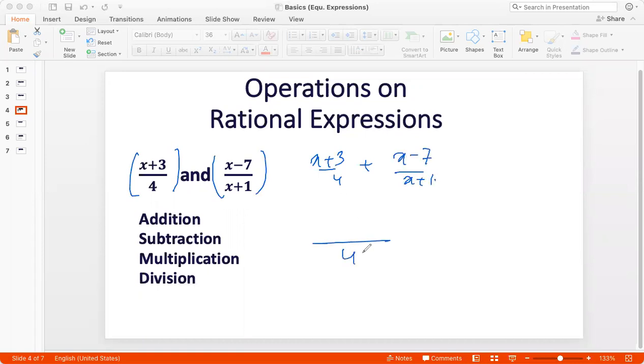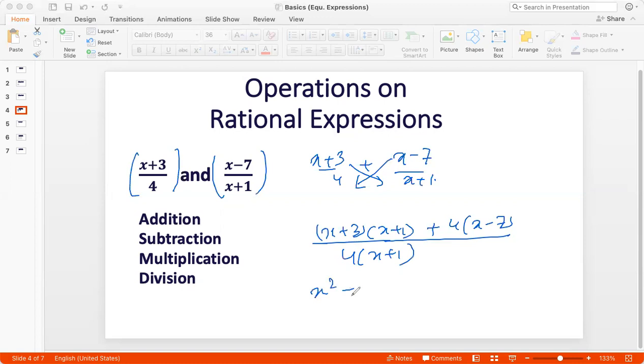I take the LCM of the denominators, which is 4 times (x plus 1). So x plus 3 gets multiplied with x plus 1, and 4 gets multiplied with x minus 7, right? So this becomes x squared plus 4x plus 4 plus 4x minus 28 divided by 4 times (x plus 1).